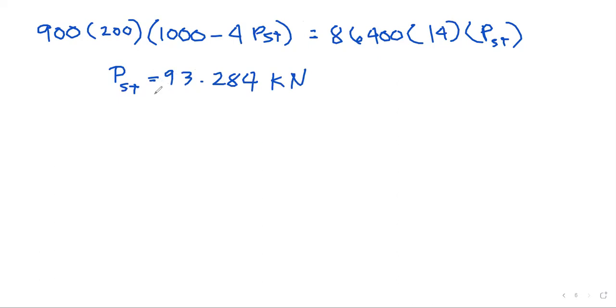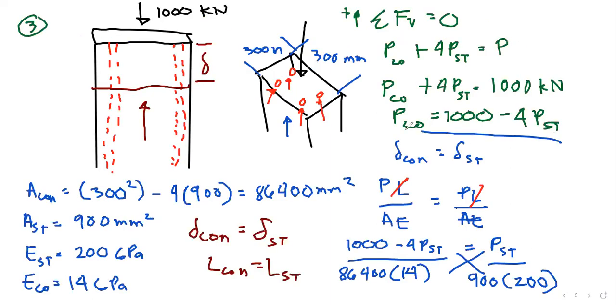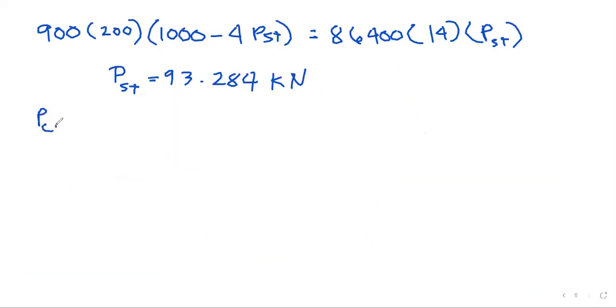So we have the value of the applied force for steel. Now, the question asks to compute the stress in each material. So let's get the force in the concrete. Going back to the formula, P concrete is equal to 1,000 minus 4 P steel.